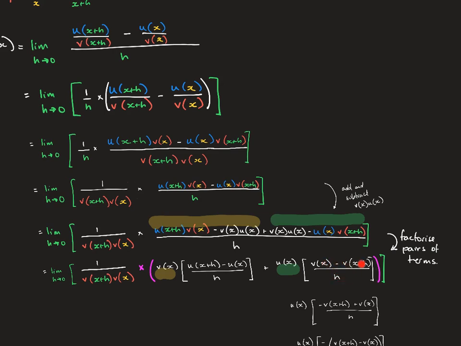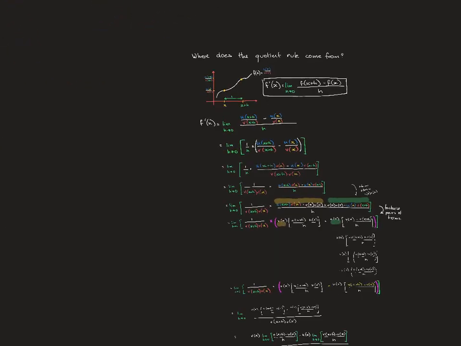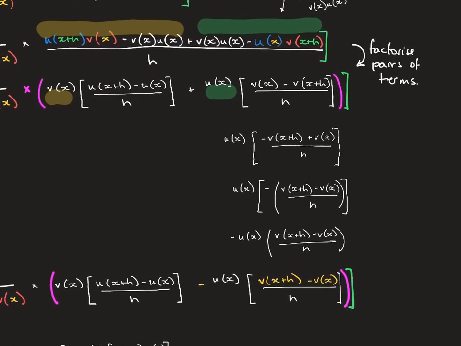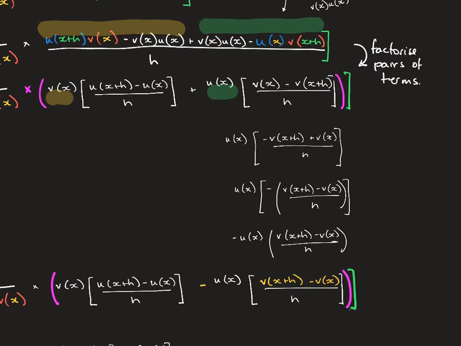So if I rewrite the numerator so that I have v of x plus h at the front, this is like f of x plus h minus f of x. You can see that I can then take out a common factor of -1 from all of this, and now I've got my derivative formula.